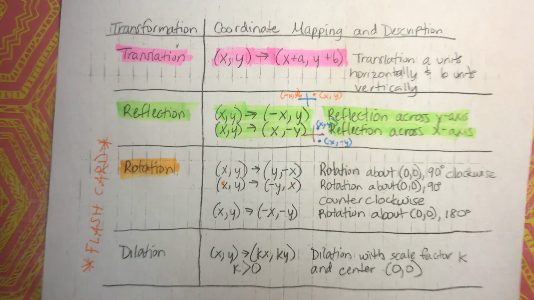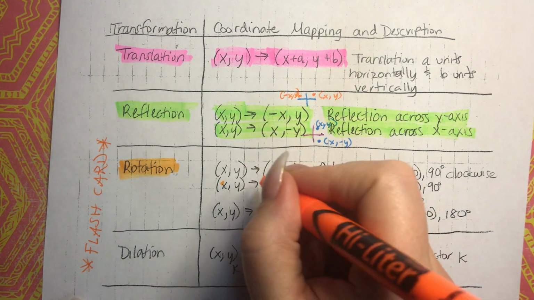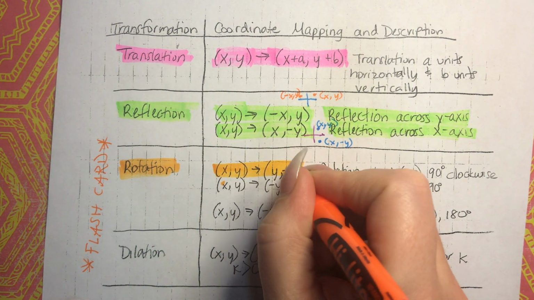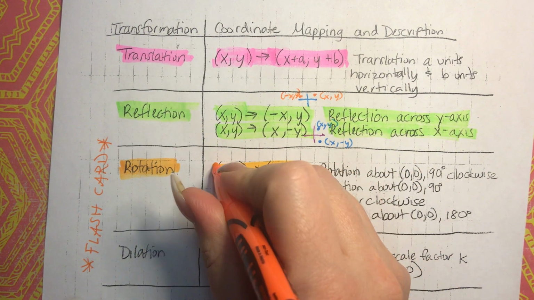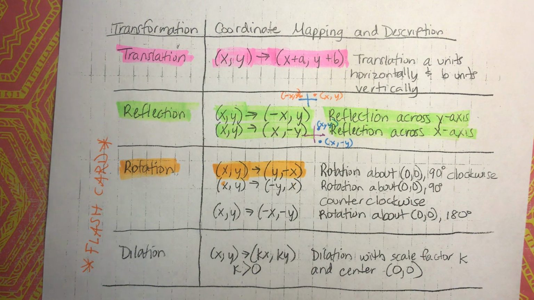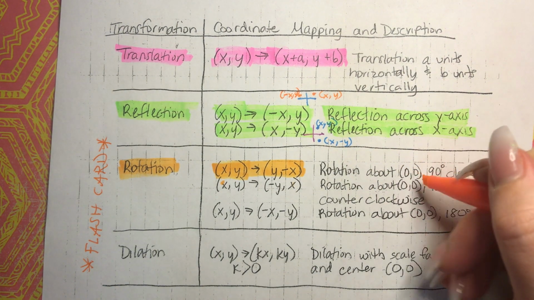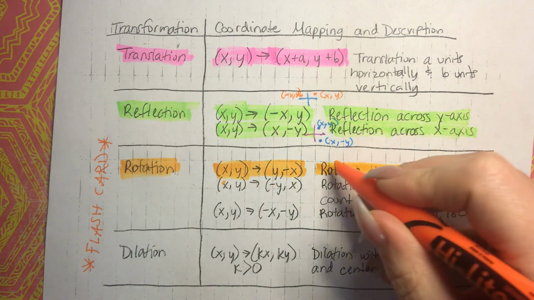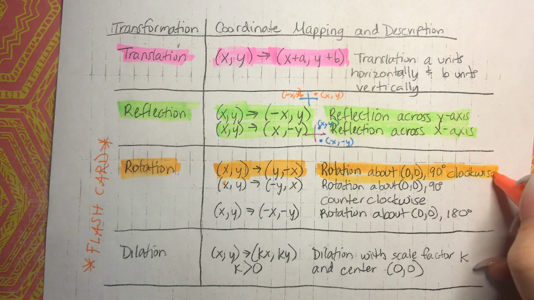So the places are actually rotating. And this is a rotation about the origin, 0, 0, the center, and it's 90 degrees clockwise.